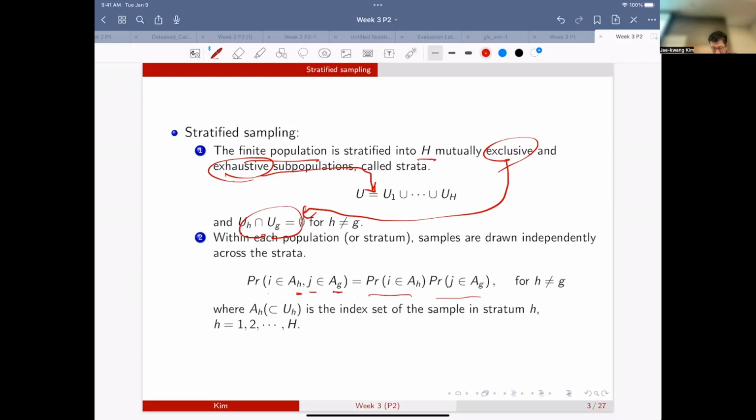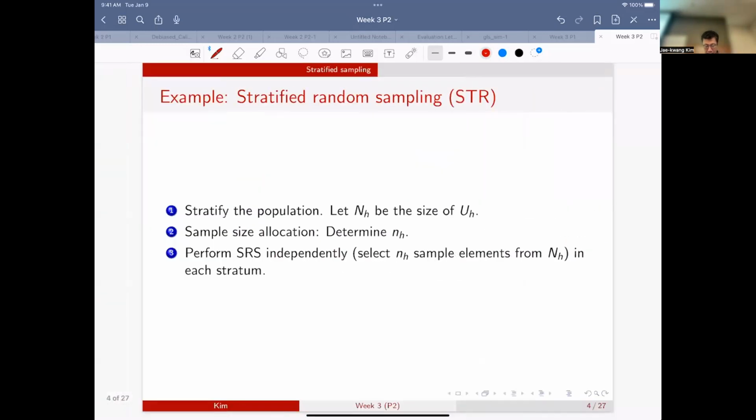So that is the very nature of stratified sampling. And one particular, special example is stratified random sampling.